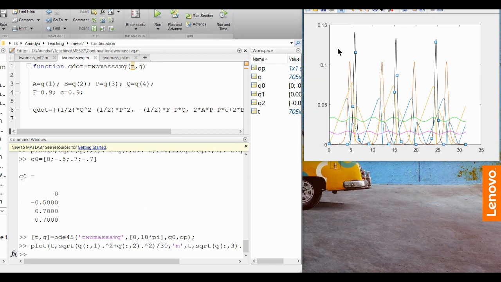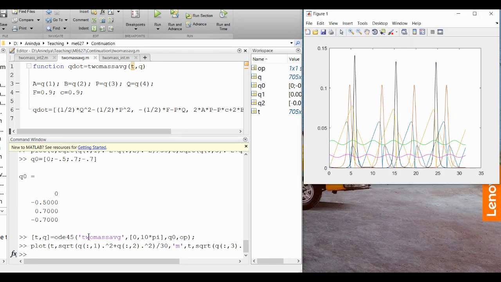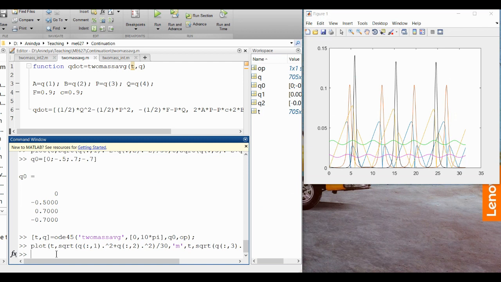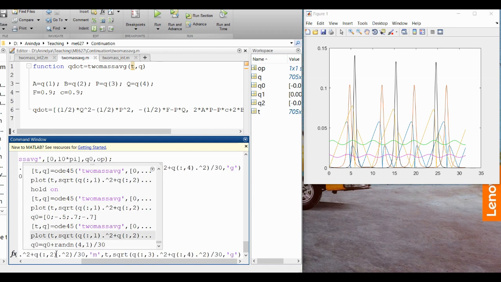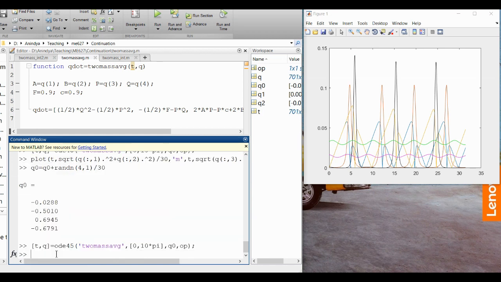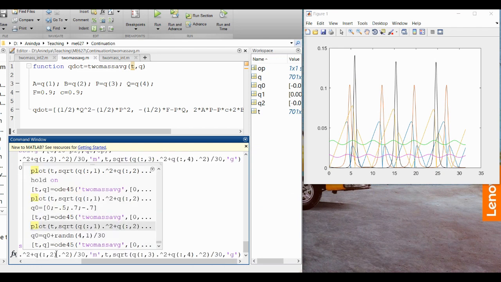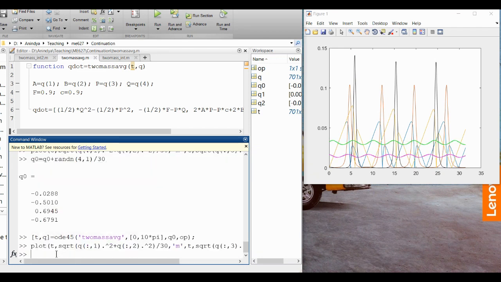Okay, now let's do one more. Let's do Q0 is equal to Q0 plus rand n 41 by 30. So I perturbed it a bit. Well, that didn't change too much.